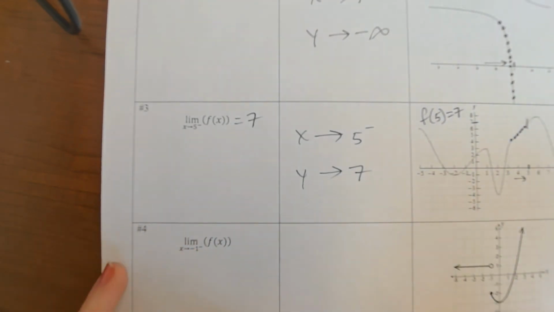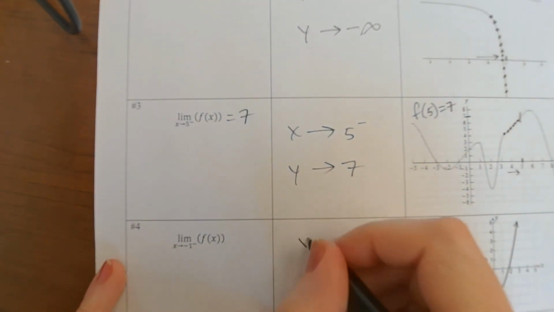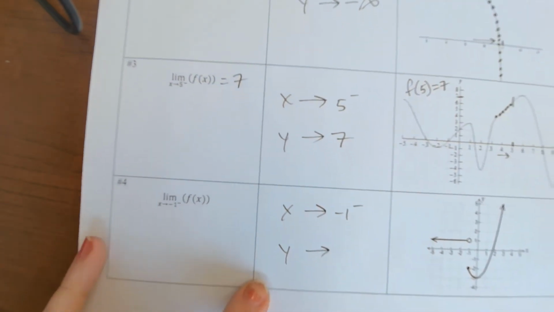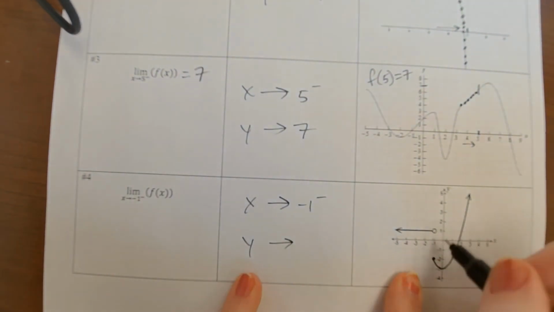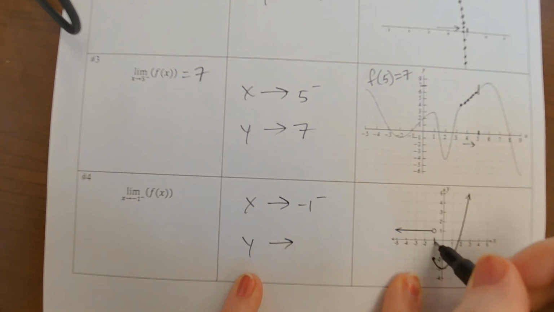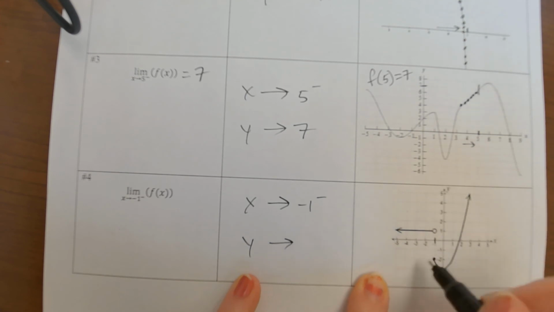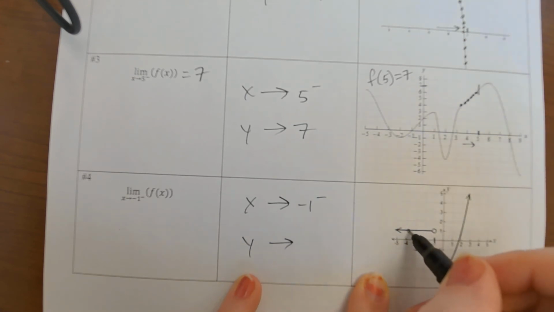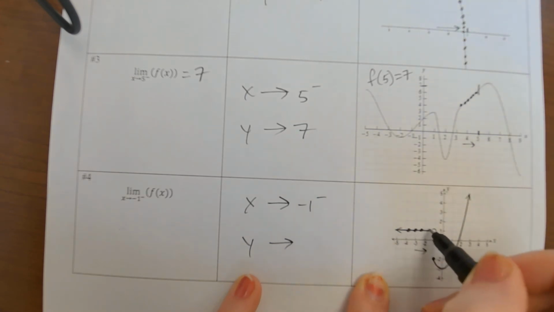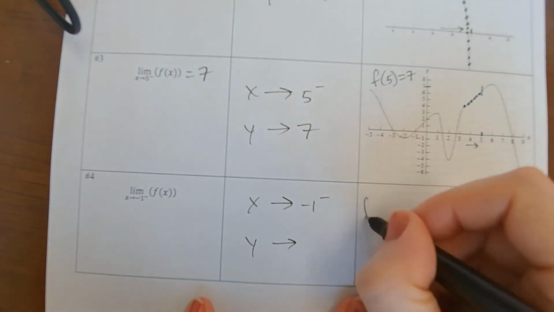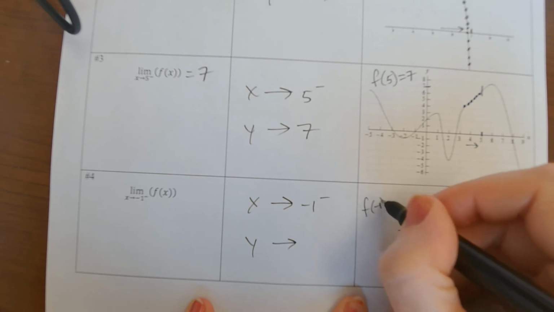Again, we've got -1 from the left. So x is approaching -1 from the left. Y is approaching, and so here's -1. We want to be to the left of it, and we're going in this direction. So here is a case, again, where we have f of -1.